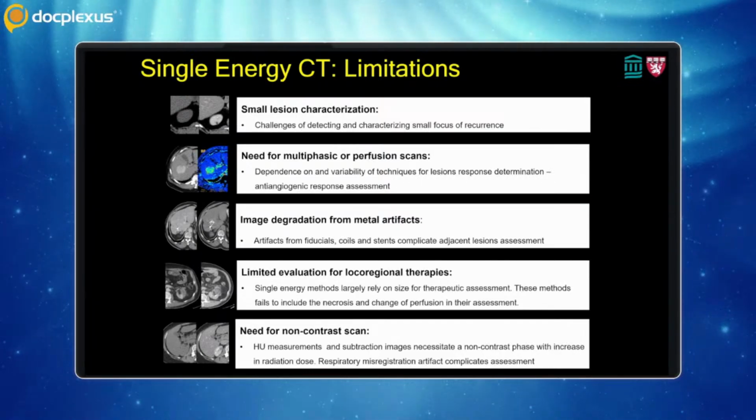We might need to acquire non-contrast scans, which is another limitation of single energy CT, which could lead to increased radiation dose.